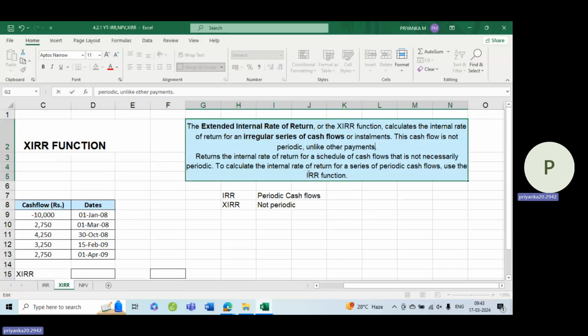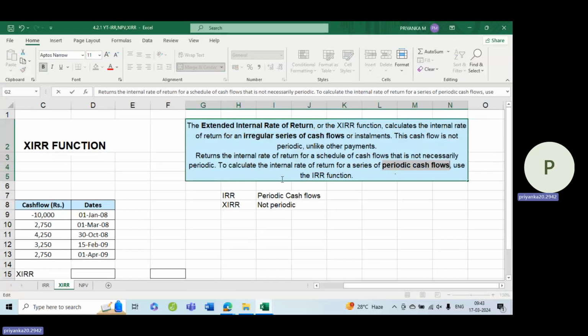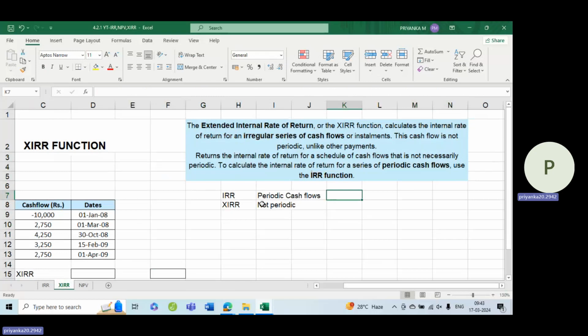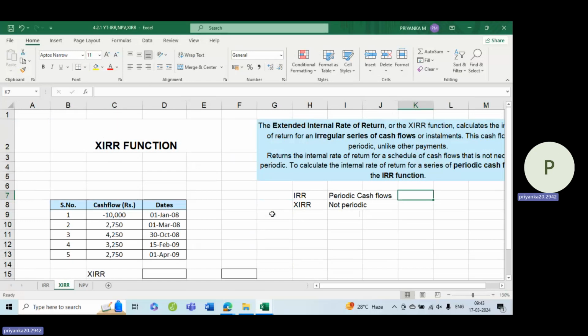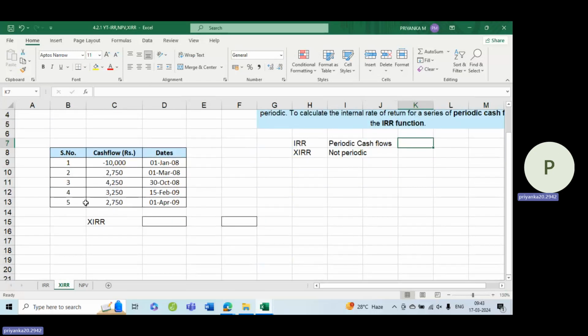If it is for periodic cash flows, then we'll be using the IRR function. So you have to remember these two things: if it is periodic data, we can go for the IRR function. If it's not periodic data and you have dates provided, then you can go for the XIRR function.